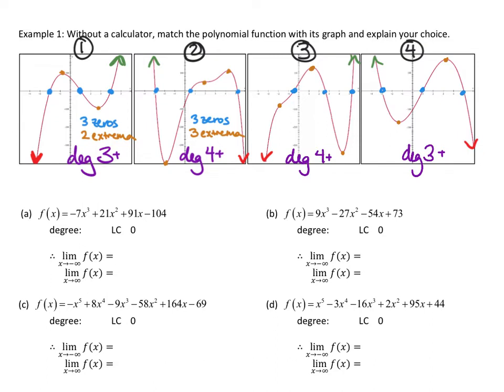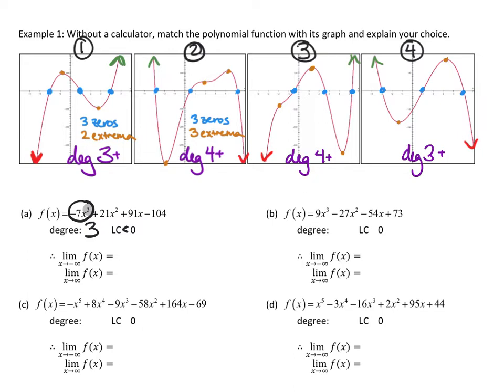Again, I've not graphed them. I don't know what their equations are, but we definitely can match up this end behavior and the degree for each of these polynomials listed A, B, C, or D. So for polynomial A, its degree is 3 because that is the largest exponent. We'd also say that its leading coefficient, the coefficient attached to that large exponent, is less than 0 because it's a negative number.